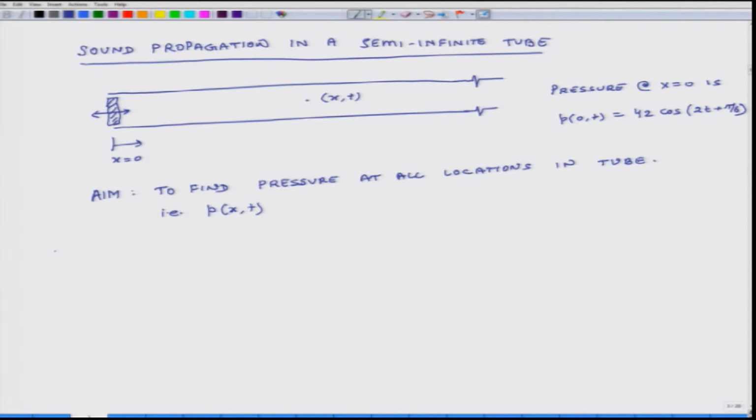Now, what do we do? We start with the transmission line equation. I will abbreviate transmission line as TL.